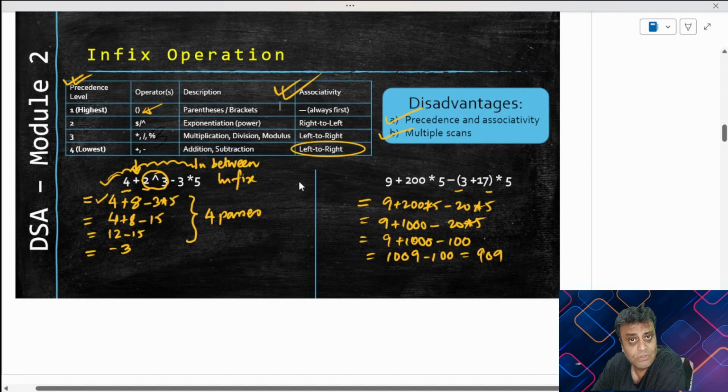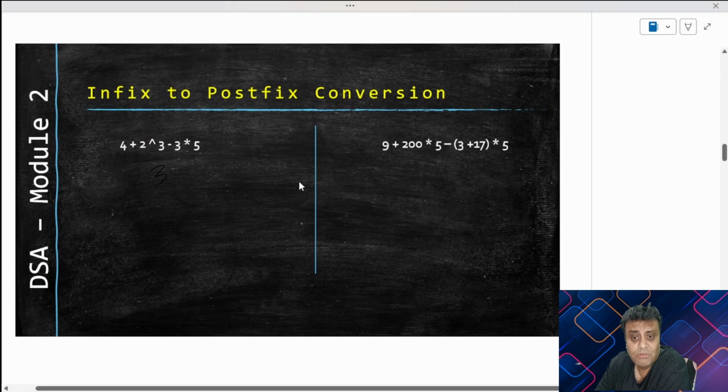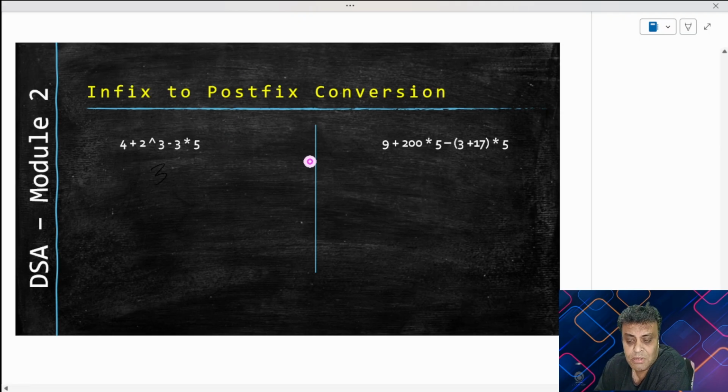That is, it doesn't need to know precedence and associativity, and it will be done in one pass, right? So if that can be done, then the computer will be happy, everybody will be happy. Even human beings can apply that. Not that they do it conventionally, because they are brought up to do it in infix notation, but if they can do it in postfix notation, it would save a lot of time in terms of multiple passes and also remembering the precedence table. You don't need to remember that.